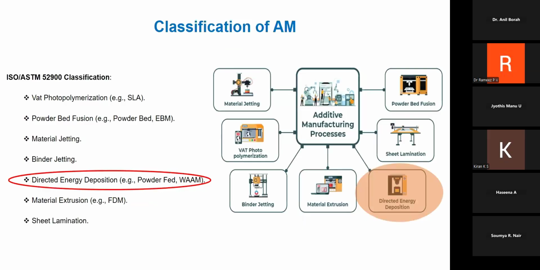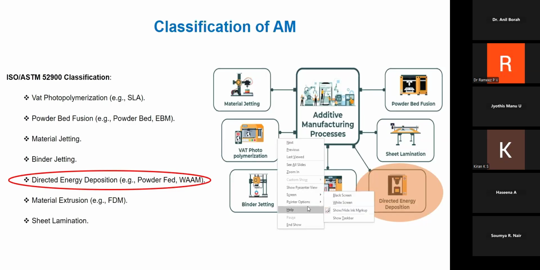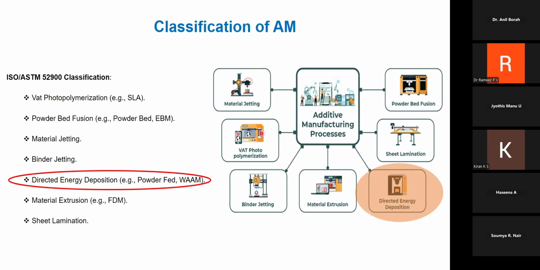Right. Let's go to the classification of additive manufacturing. As said, ASTM has classified additive manufacturing into 7 broad categories. Start with VAT photopolymerization, which you call stereolithography. This is the first additive manufacturing technique which came into the market, in 1988.